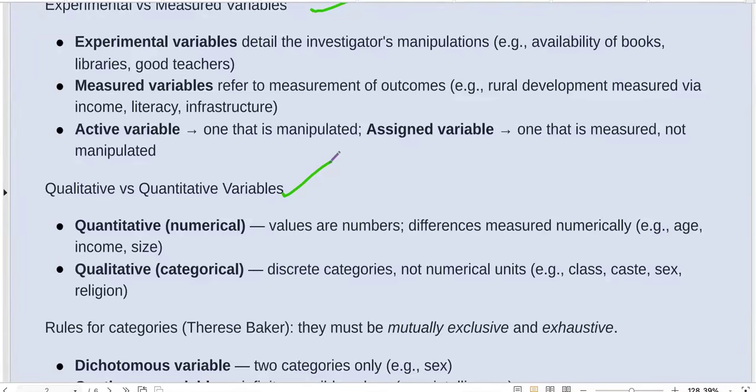I'm trying to analyze discrimination faced by Dalits, or the discrimination faced by a woman working in a multinational company. Is there a glass ceiling or not? Is there an invisible glass ceiling or not? Condition of minorities living in any nation. For that, I can't quantify. That is called qualitative.